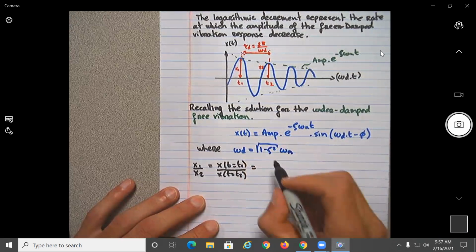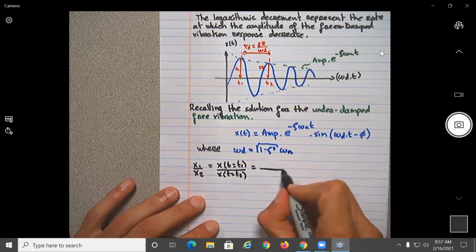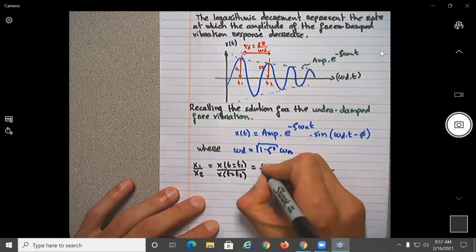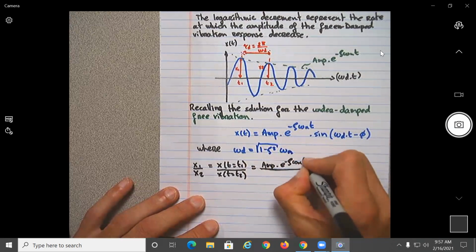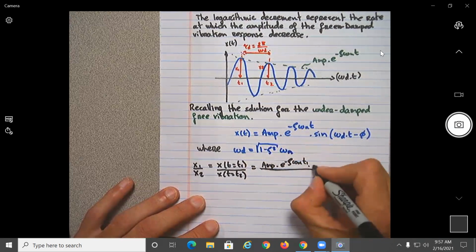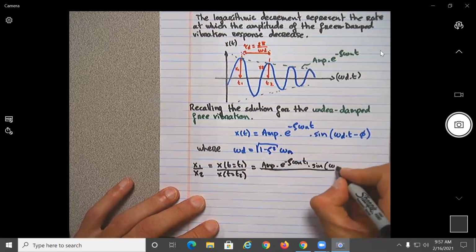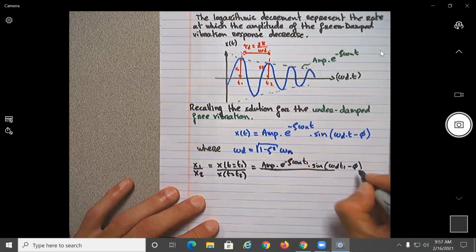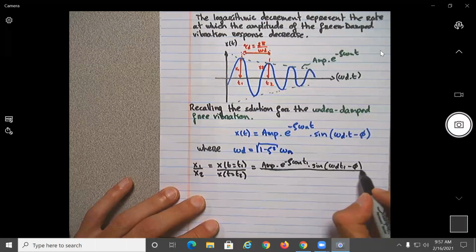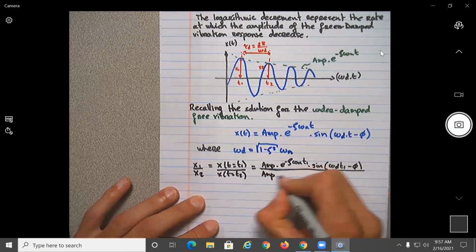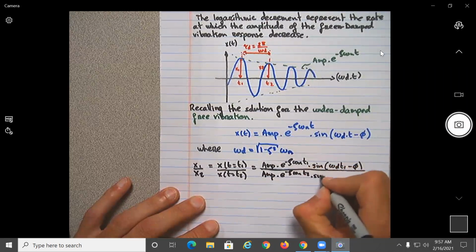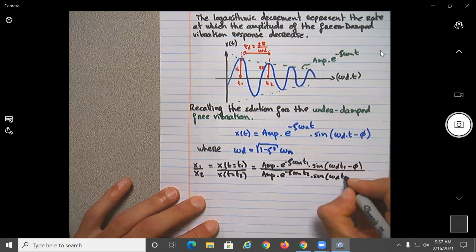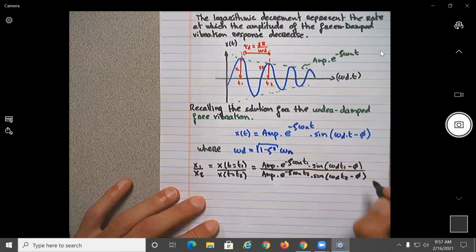By looking at the solution, this is equal to the amplitude times exponential of minus zeta omega sub n t sub 1 times sine of omega sub d t sub 1 minus phi, divided by the amplitude times exponential of minus zeta omega sub n t sub 2 times sine of omega sub d t sub 2 minus phi.